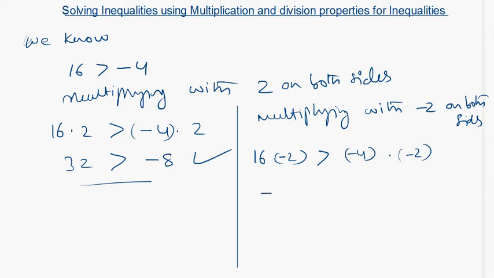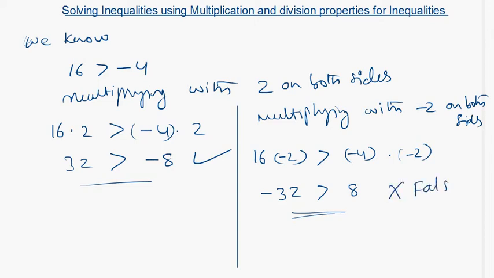This gives you negative 32 greater than negative 4 times negative 2, which is positive 8. Now as we can see, negative 32 is greater than 8, which is not true.